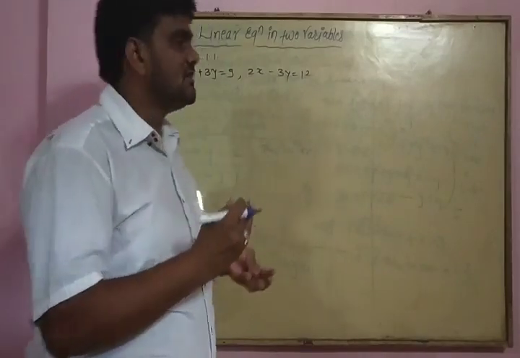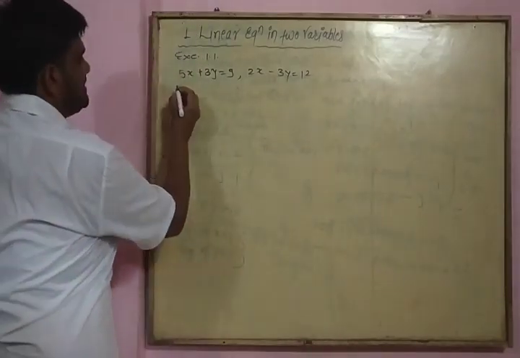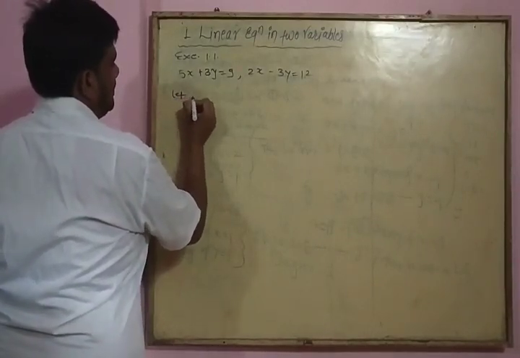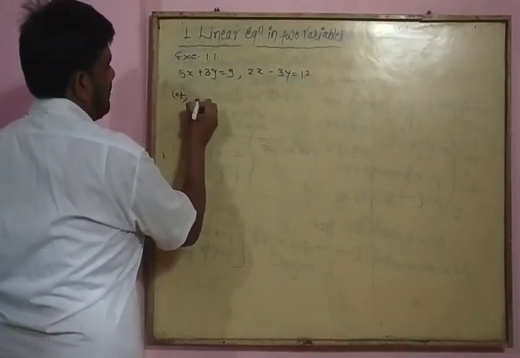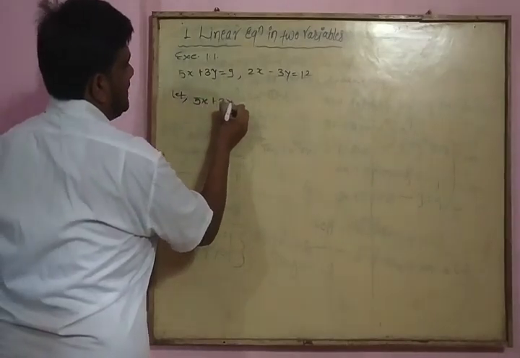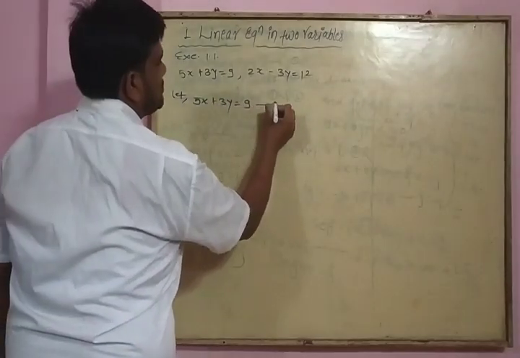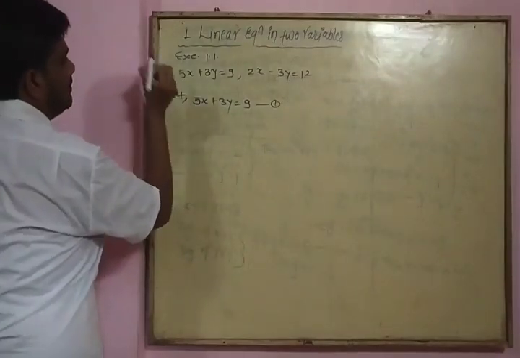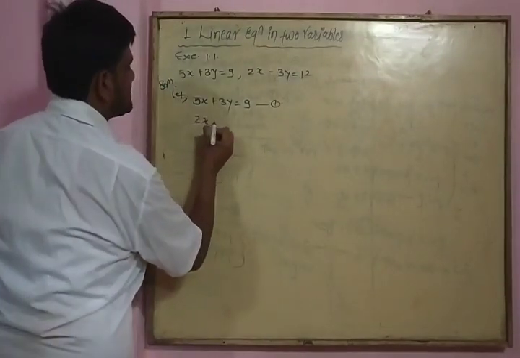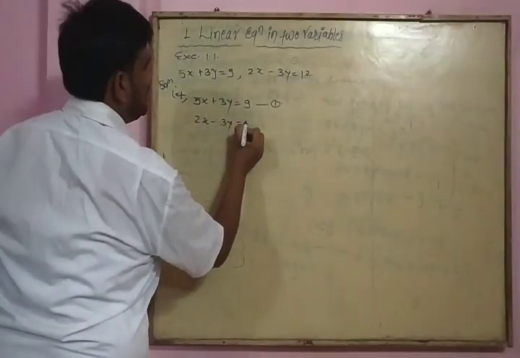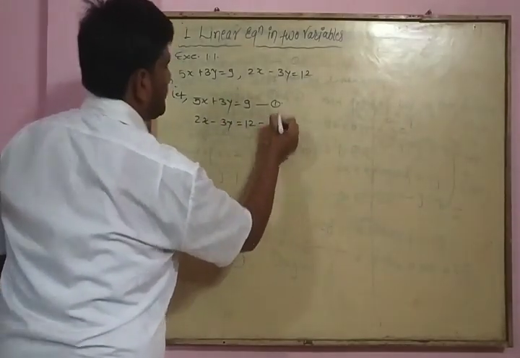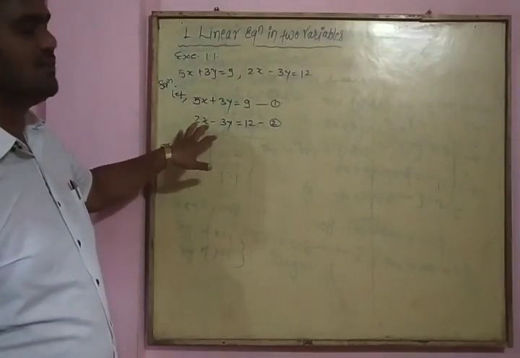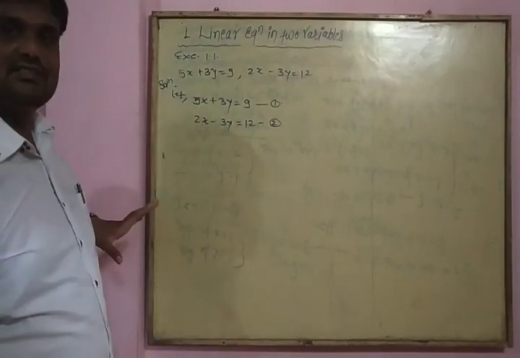So please see here, let 5x + 3y = 9. This is your equation number 1. Now 2x − 3y = 12. This is your equation number 2. Both equations have some similarities.